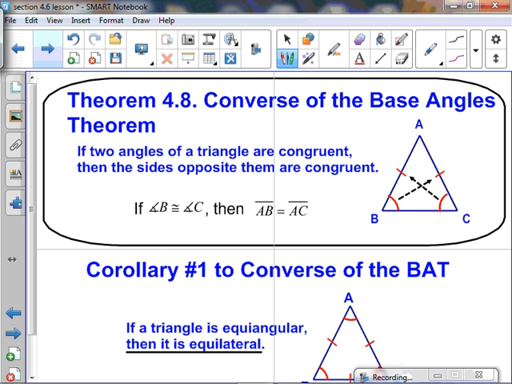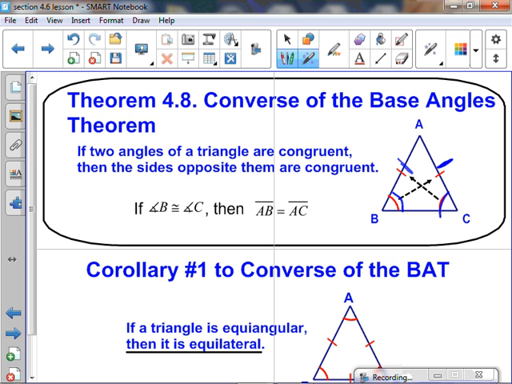Okay, theorem 4.8, the converse of the base angles theorem. Remember when we were doing our transversals, we had all those converse rules? Remember, the converse means we're just saying it in reverse. So the base angles theorem said if I had two sides that are the same, namely if I had this one right here and this one right here, then these guys are going to be equal.